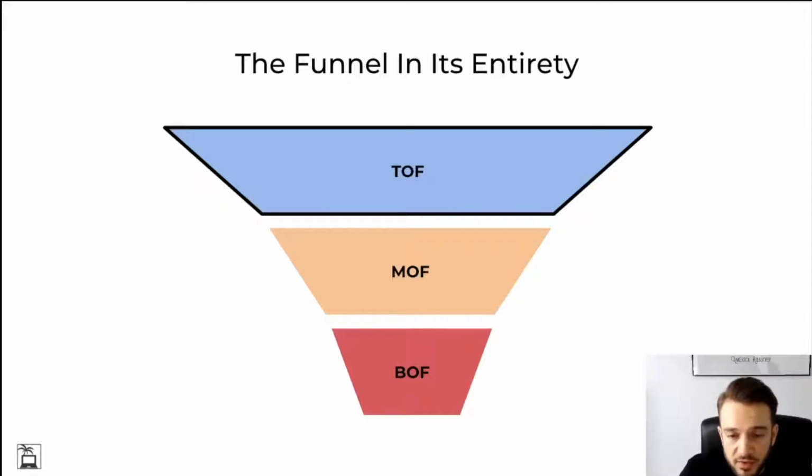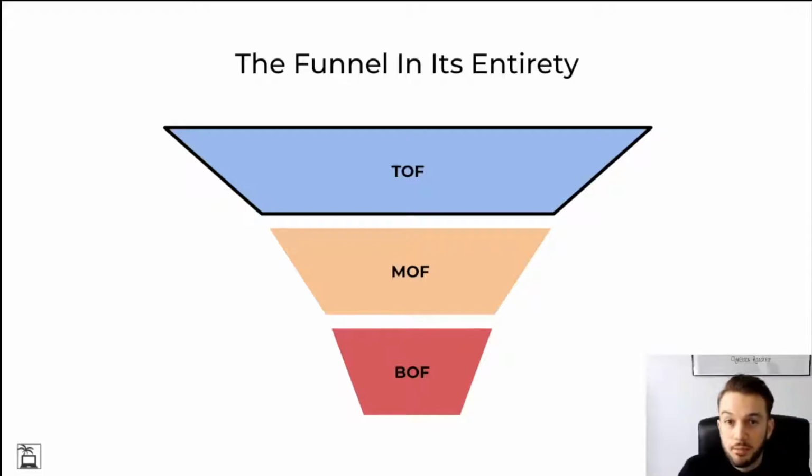And then what we do from there is we retarget, for example, people that have been on the website, so website visitors. We retarget people that have been on the Facebook page, retarget people that have been on the Instagram page. So basically, we retarget people that haven't shown an indication of interest just yet, but they have already warmed up to the brand.